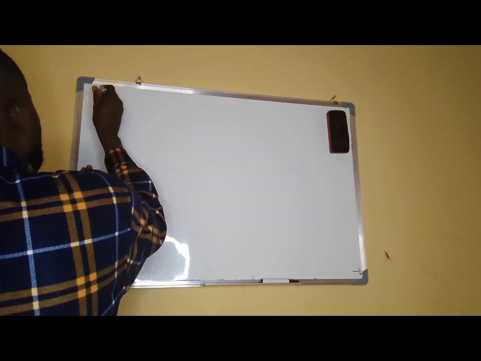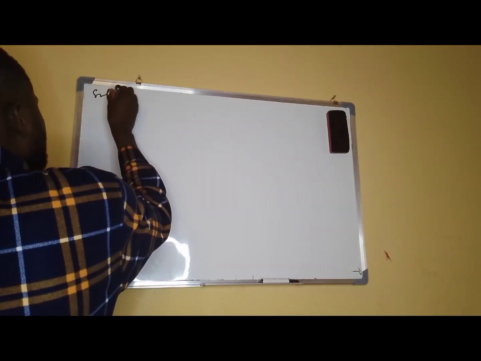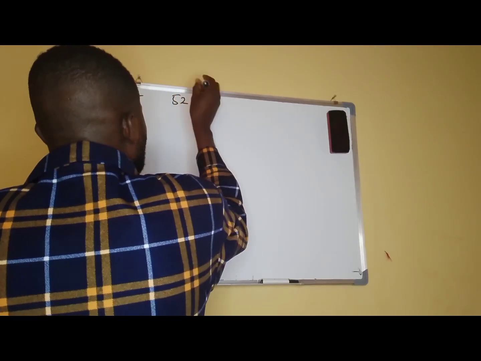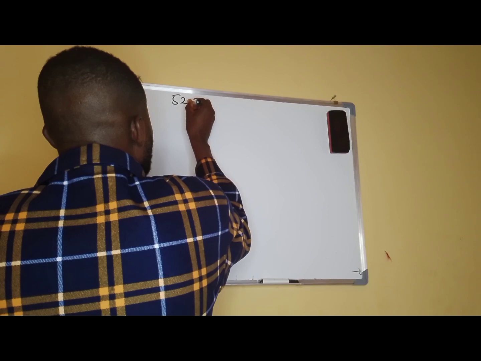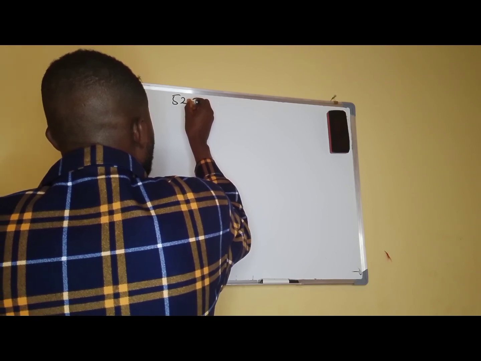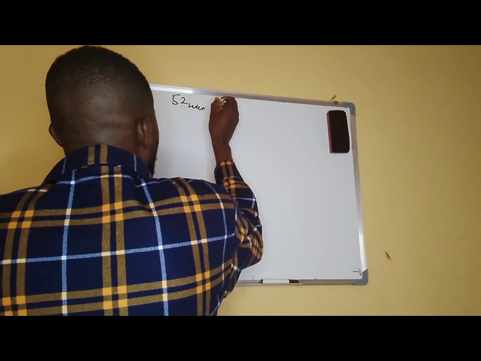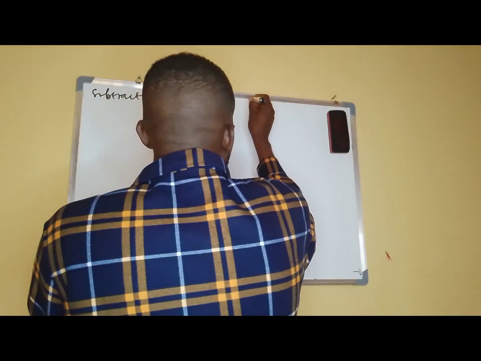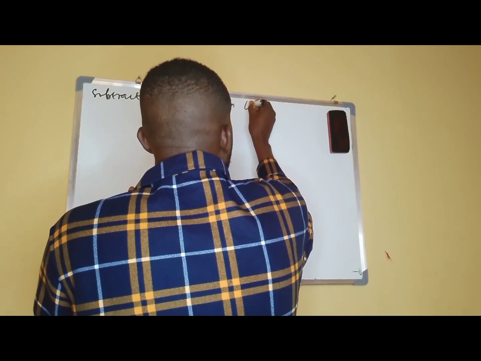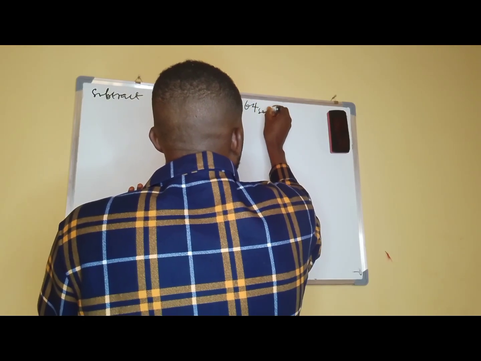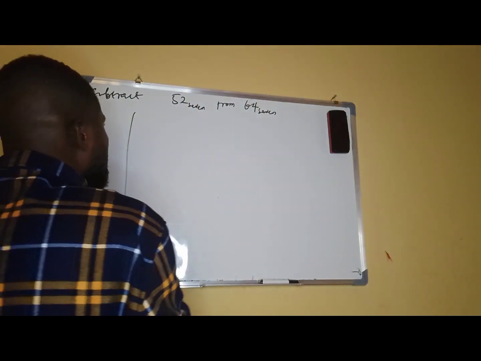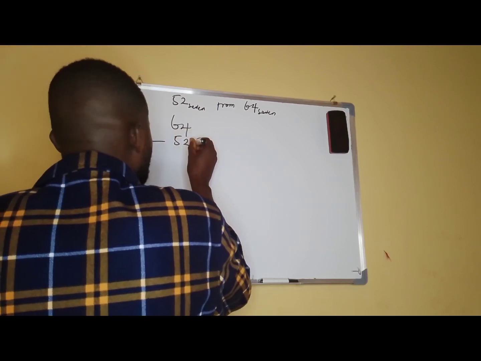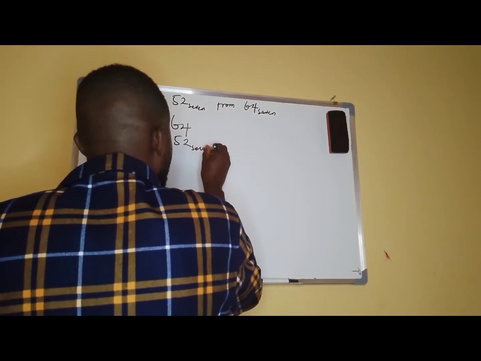Say subtract 52 base 7 from 64 base 7. You now say 64 minus 52 base 7.